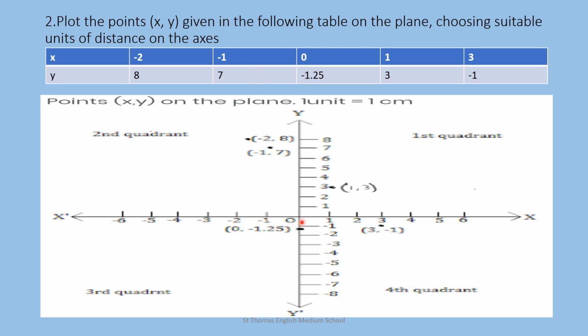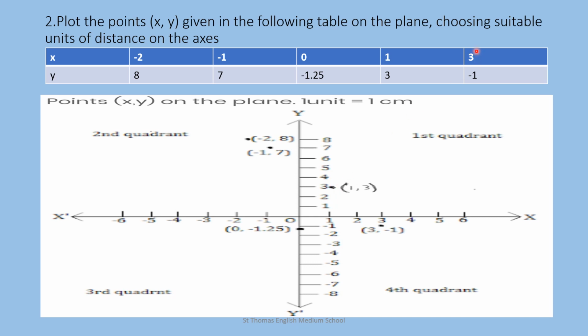Same way, negative x-axis and positive y-axis. Then (1, 3). Both the coordinates are positive, so it will be in the first quadrant. So locate the x coordinate on the x-axis, that is 1, and the y coordinate, that is 3. Wherever those two meet, that is the point (1, 3).